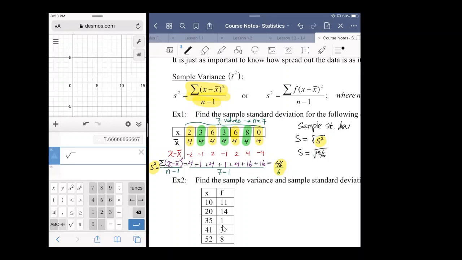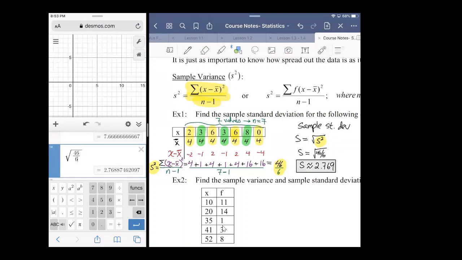So I have a radical symbol, 46 divided by 6. Now I have the decimal equivalent, which I can round appropriately, and I have an acceptable amount of error in the rounding because I only did the rounding once, in the final step. A squiggly equal sign means about or approximately 2.769. You don't have to use the squiggly equal sign if you don't want, but it's a nice form of notation.